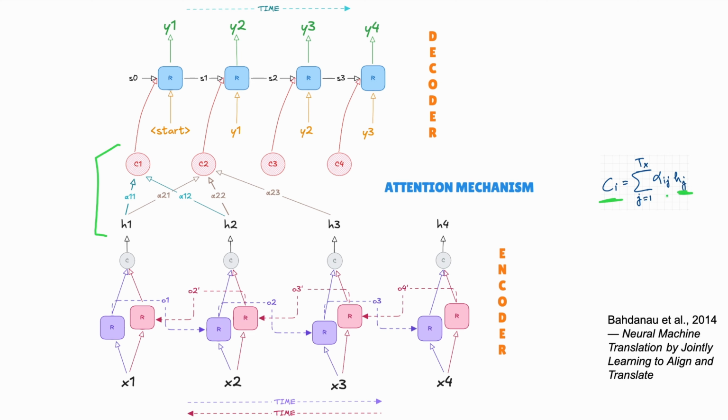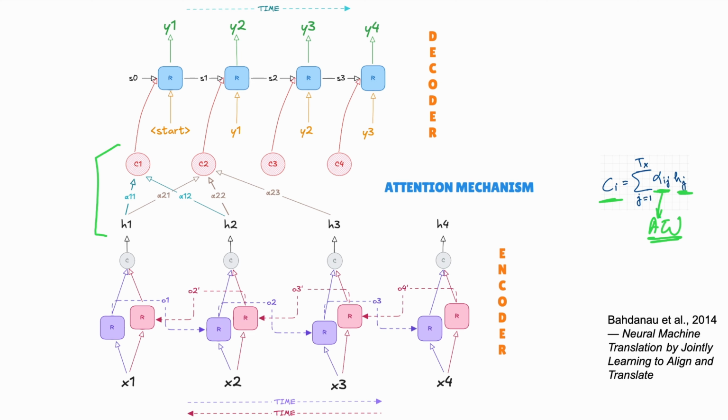Here hj is the hidden state and alpha ij is called the attention weight. The summation ranges from j equals 1 to Tx, where Tx is the number of input tokens. Here the number of input tokens is 4, so the summation will range from 1 to 4, and we multiply alpha ij and hj.